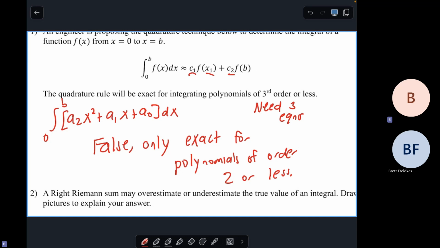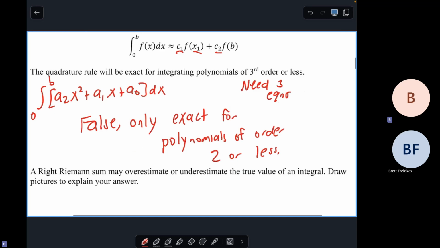The number of unknowns is your friend here. We know the bounds. We do not know C1, X1, and C2. That'll dictate what polynomials we have to integrate to give us the exact answer. And in this case, it ends up being 3 equations, which is a second order polynomial. Questions?